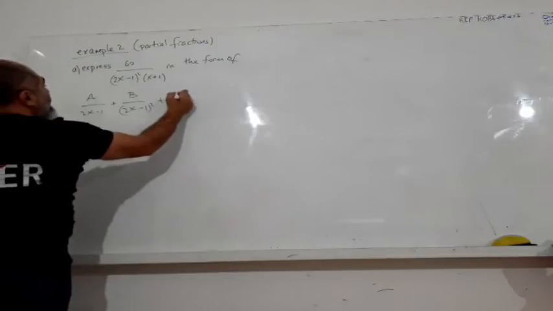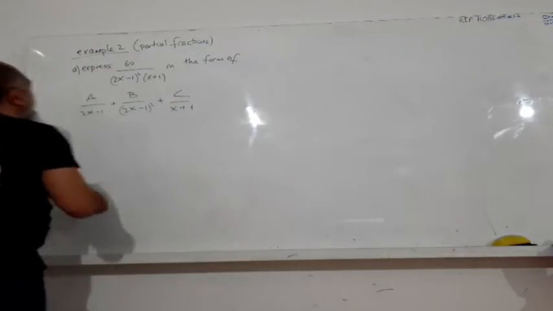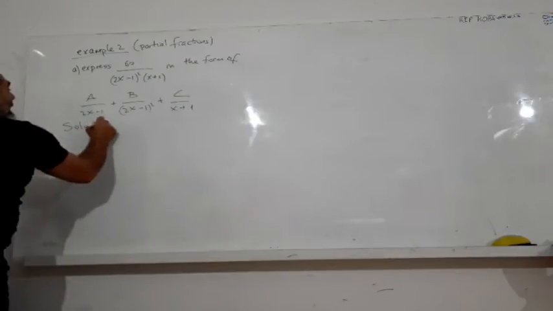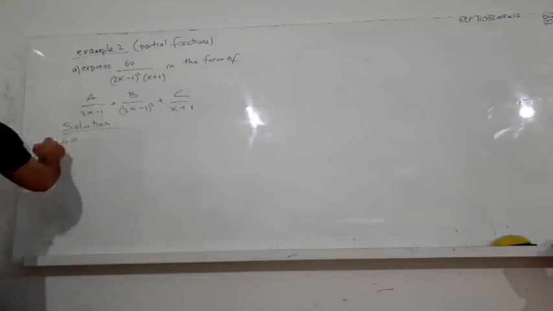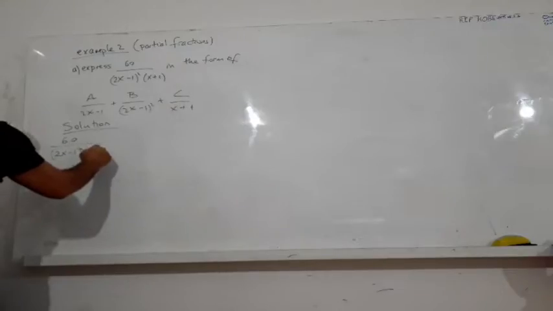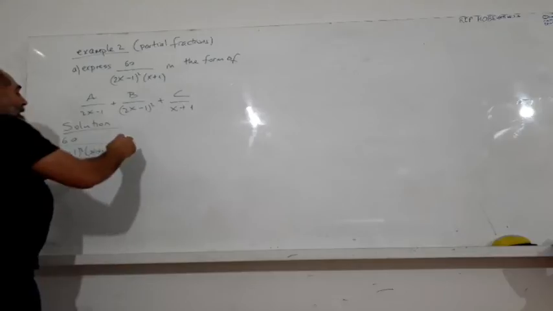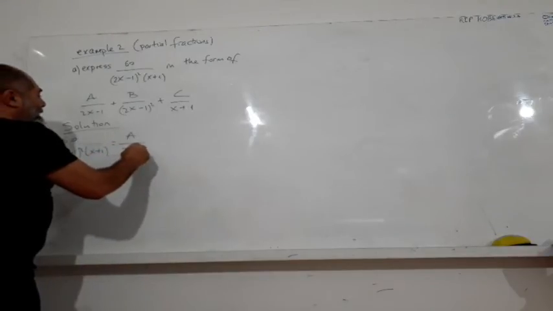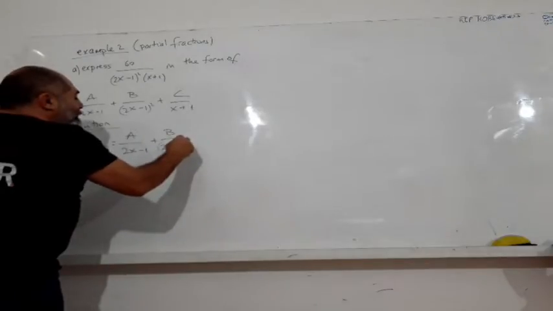Solution. This is part A. 60 over (2x minus 1) squared (x plus 1) is equal to a over 2x minus 1 plus b over (2x minus 1) squared plus c over x plus 1.